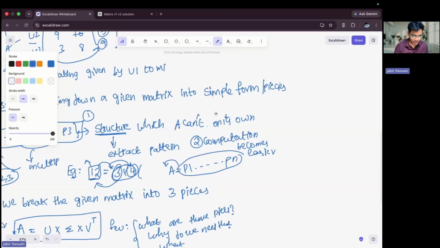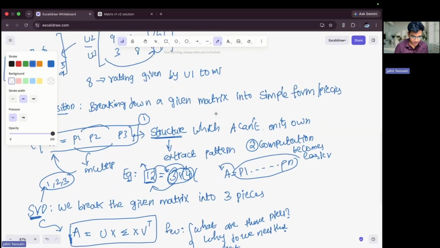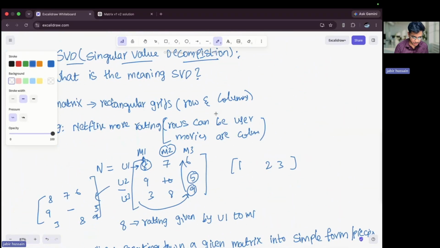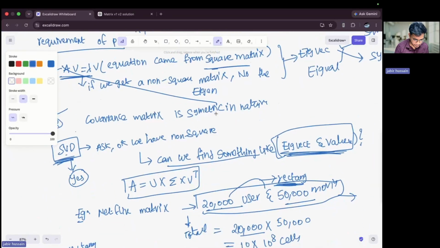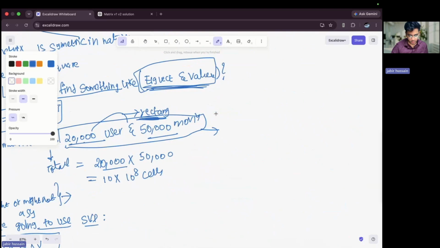Let me come back to our example. Where is our example? Real world example, somewhere I have written. Yep, this one. So here you can see how many users there are: 20,000 users.